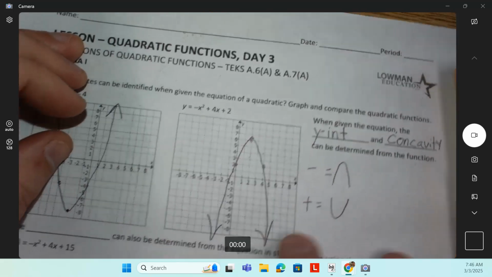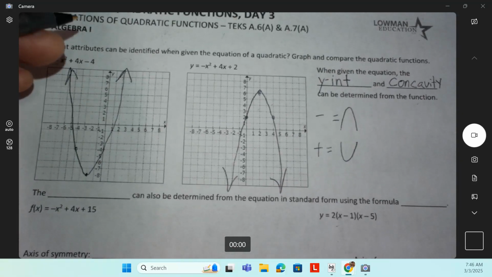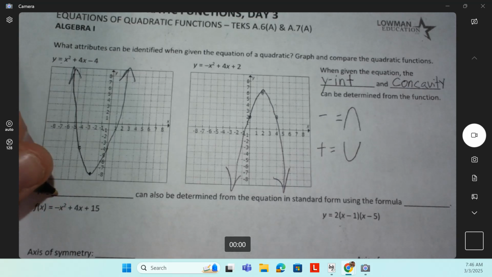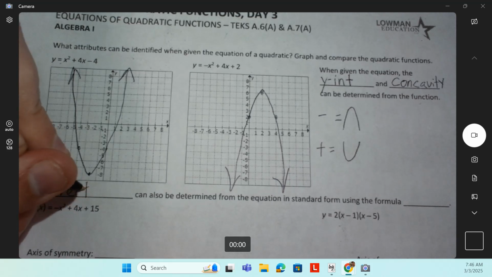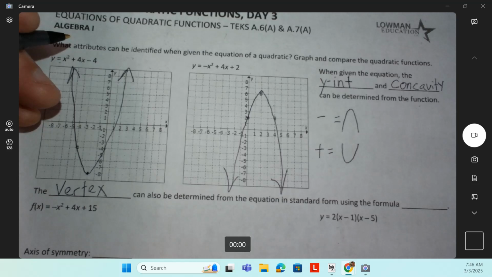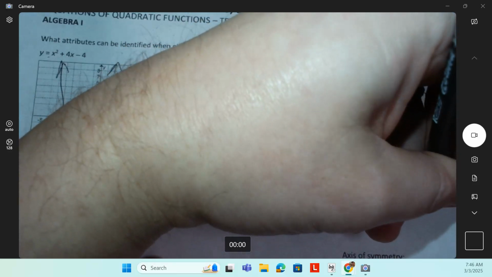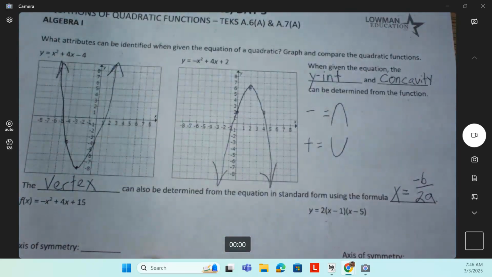We can also, just given the standard formula, figure out the vertex using a basic formula. It's the quadratic formula simplified down, but that formula would be x equals negative b over 2a.